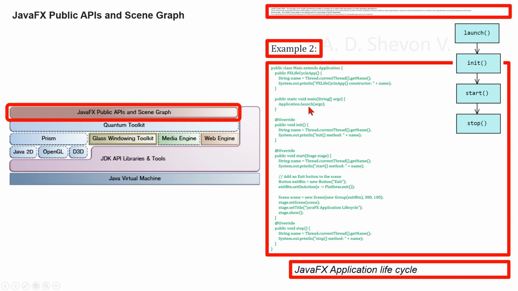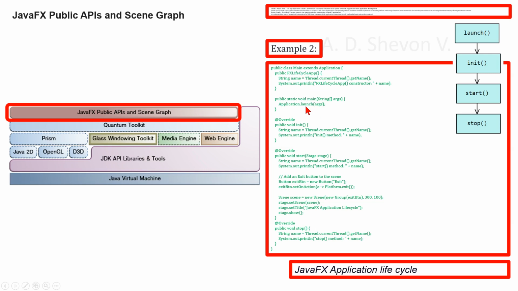This is equivalent to launch(Class.class, args), where the class is the immediately enclosing class of the method that called launch.